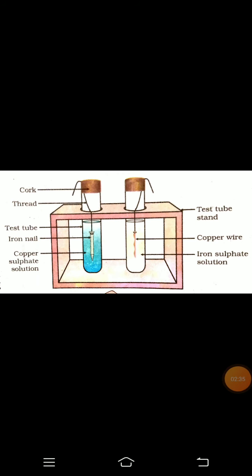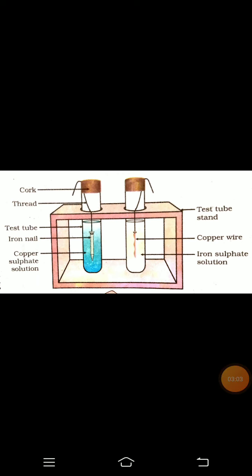What can we say from this activity? We can say that reactive metals can displace less reactive metals from their compounds in solution or in molten form. We have seen in chapter number 1 that all metals are not equally reactive.